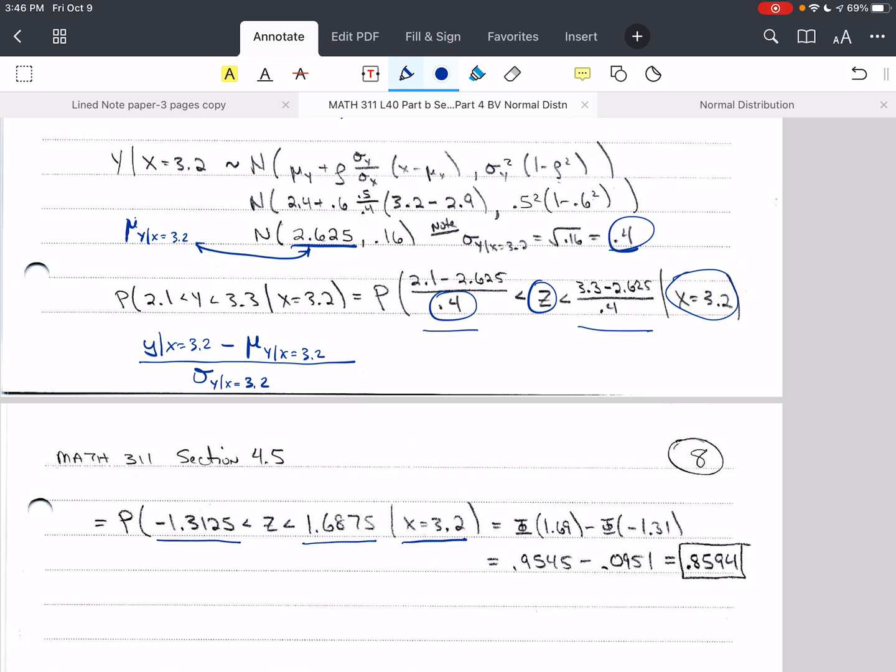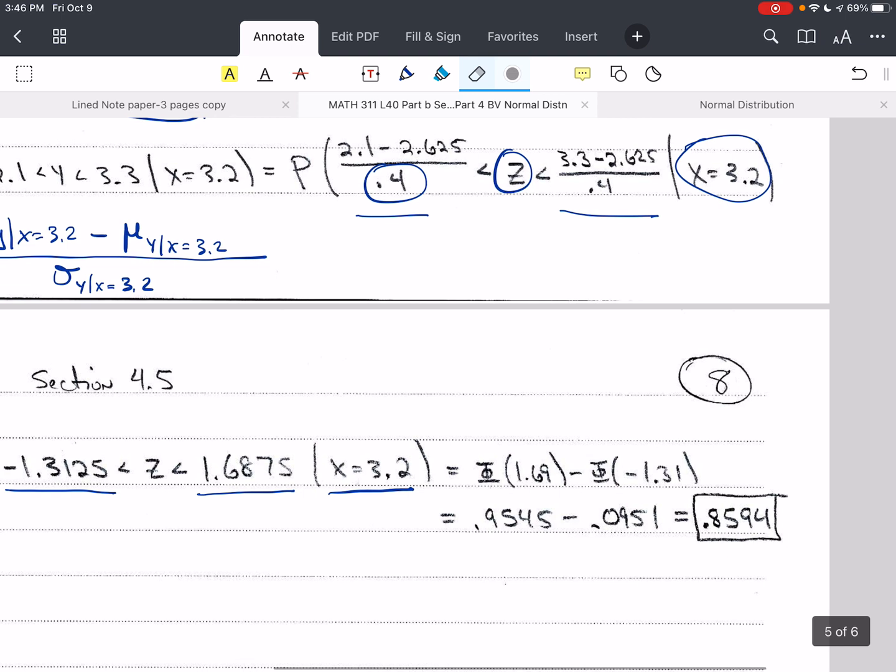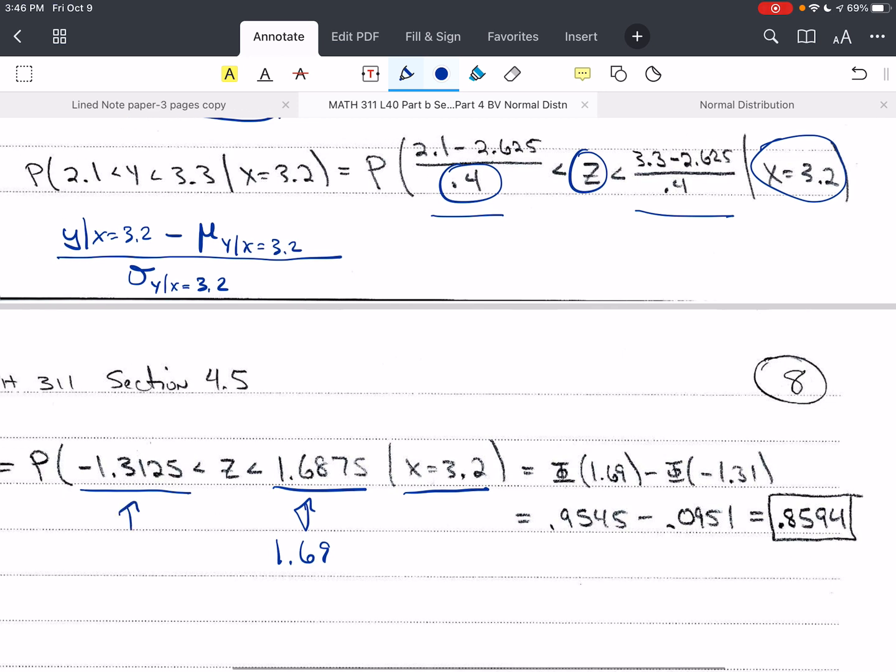Again, keep the conditional until you change to phi. Once you change to phi, I don't want to mess it up and make it tedious. So once you get to here, you can change to phi. So this is going to be phi, and we need to round this to 2 decimal places. That's what's in our table. So this becomes 1.69, and this becomes negative 1.31.